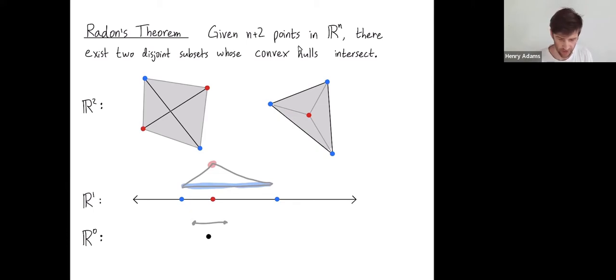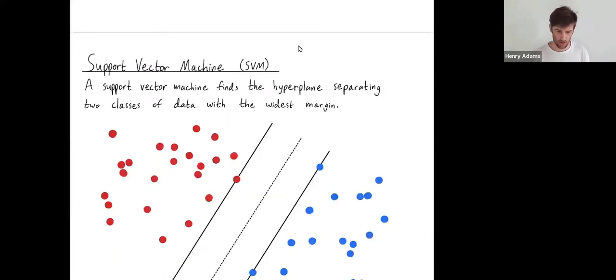Or in 0 dimensions, where I'm mapping an edge to a single point, I can always find 2 disjoint faces in the edge, namely the left endpoint and the right endpoint, so that when I map the entire edge to 0-dimensional space, those 2 disjoint faces collide. Okay, so that's Radon's theorem and some pictures and some examples.